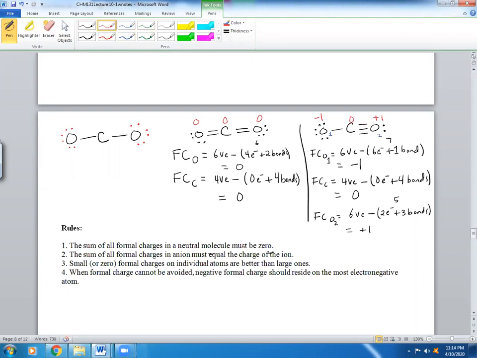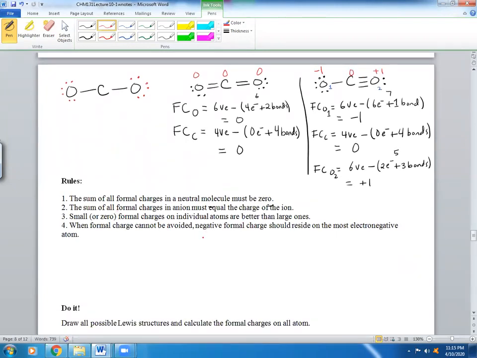Okay, so you need to pay attention to these rules to discern which one is the better, the most plausible, reasonable, most stable structure, we'll say it this way. It says the sum of all formal charges in a neutral molecule must equal 0.